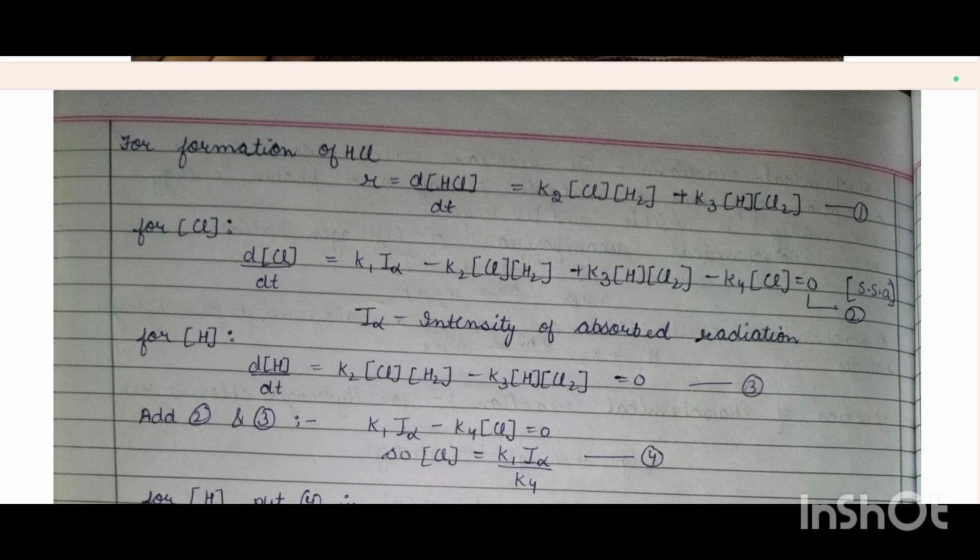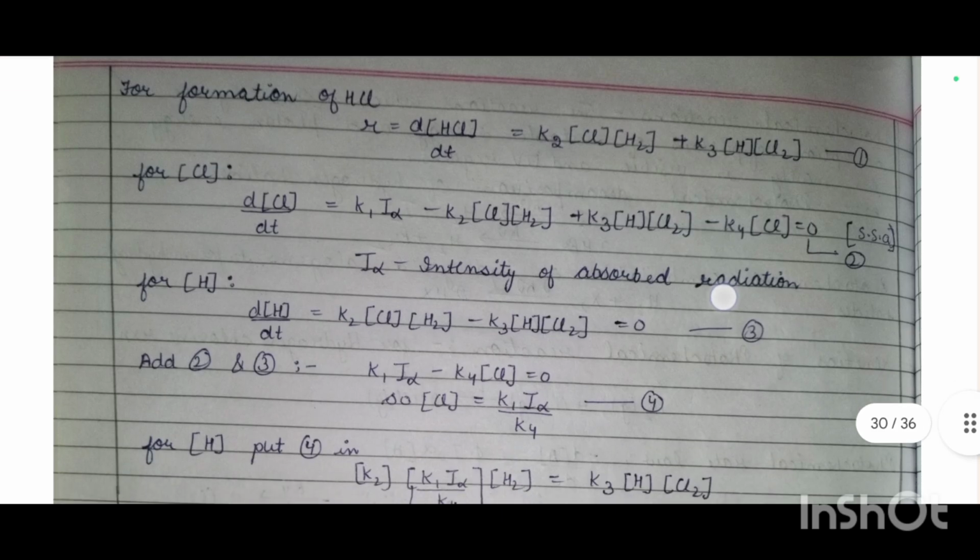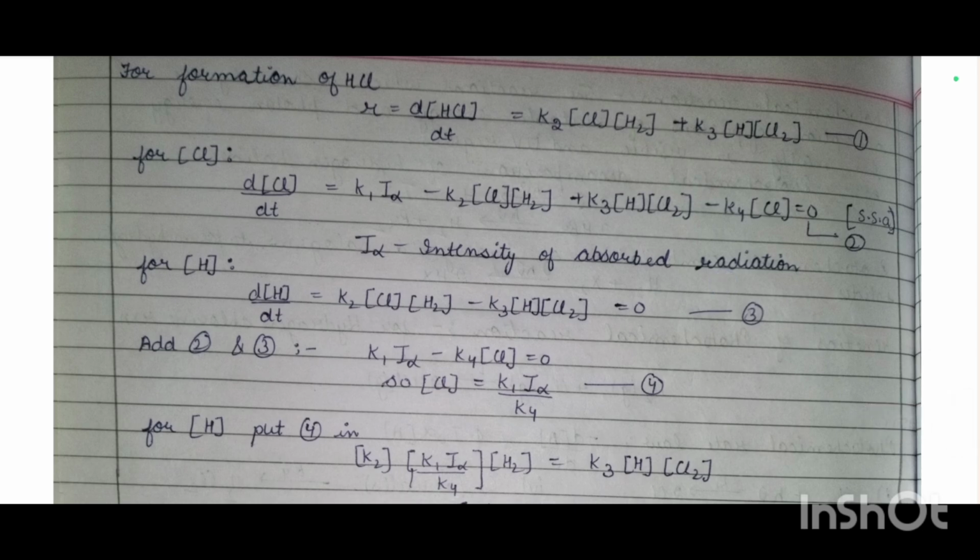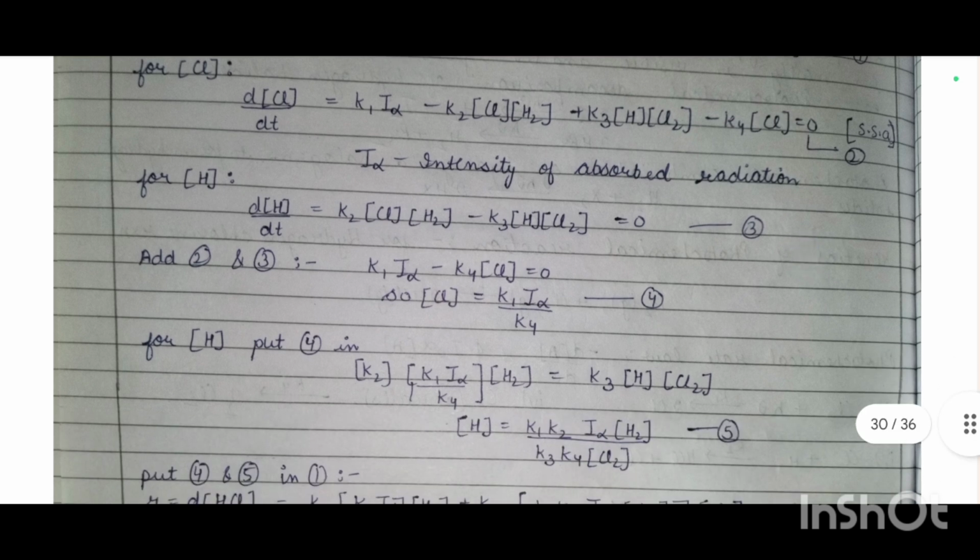For Cl, d[Cl]/dt = k1 Iα - k2[Cl][H2] + k3[H][Cl2] - k4[Cl] = 0 by the steady state approximation, where Iα is the intensity of absorbed radiation. For H, d[H]/dt = k2[Cl][H2] - k3[H][Cl2] = 0.